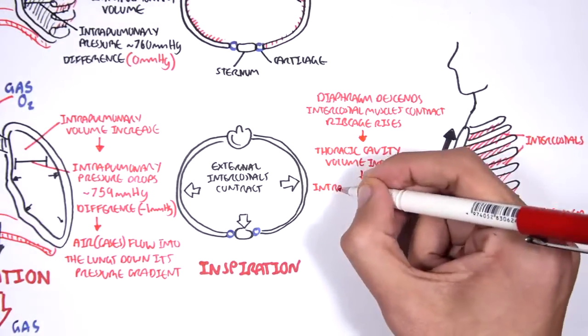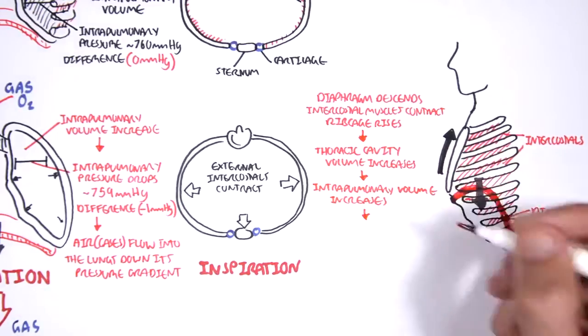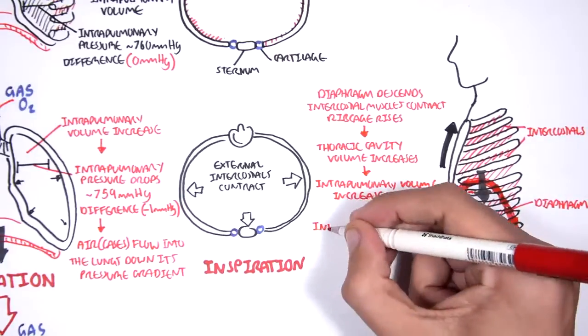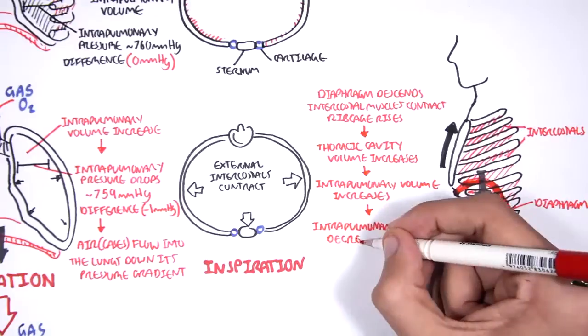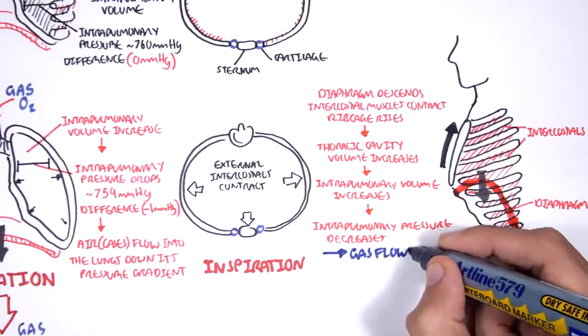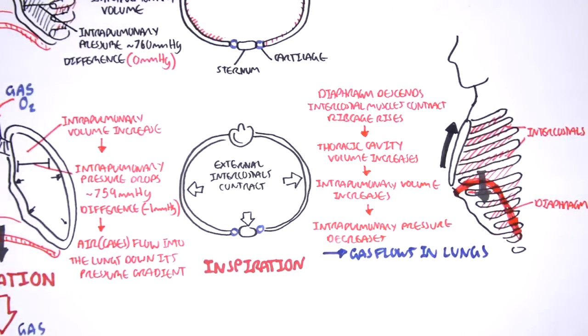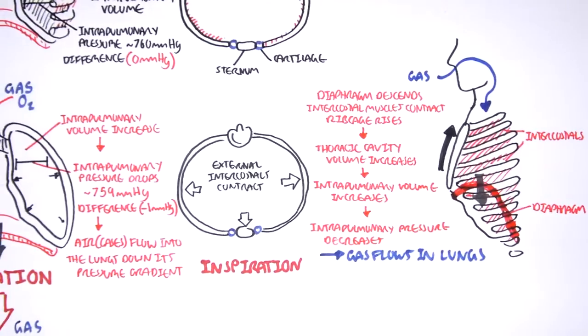An increase in thoracic cavity volume will mean that the intrapulmonary volume will also increase, which will lead to a decrease in intrapulmonary pressure. A decrease in intrapulmonary pressure means that gas can flow from a higher pressure to a lower pressure, so from the outside to the inside. So gas flows into the lungs.